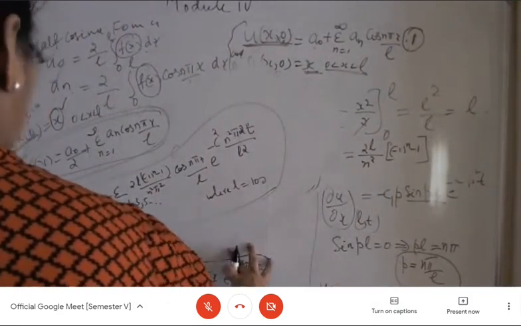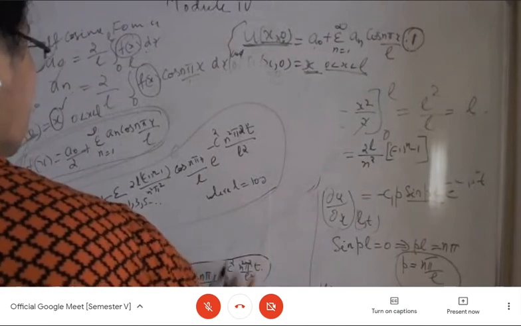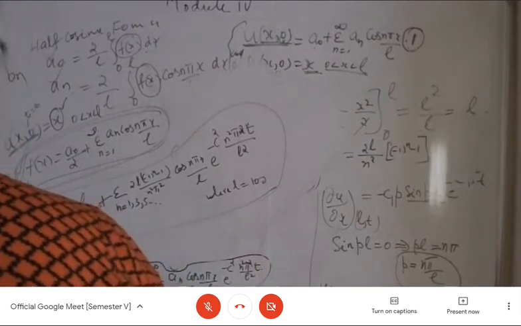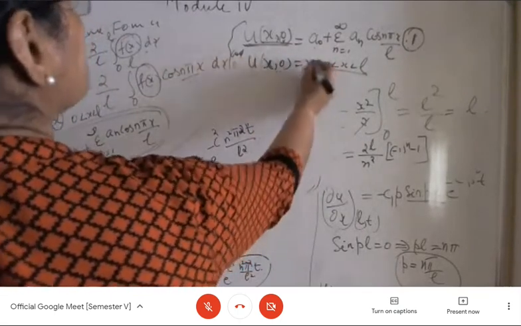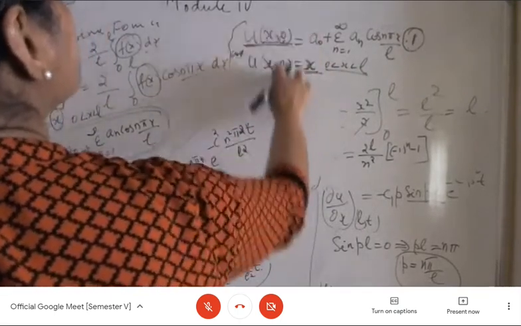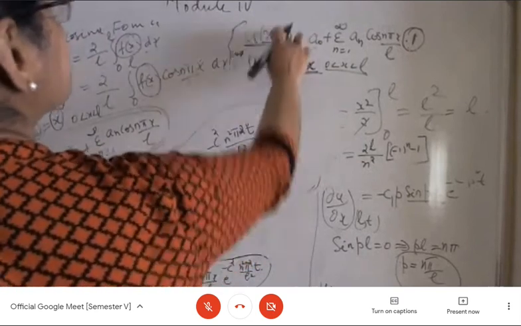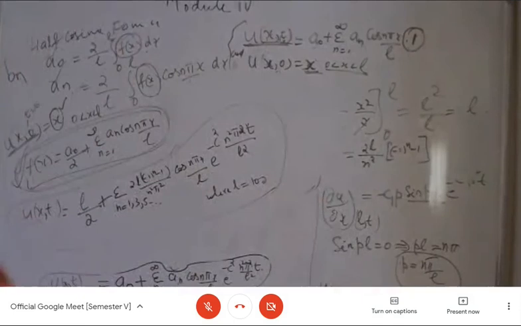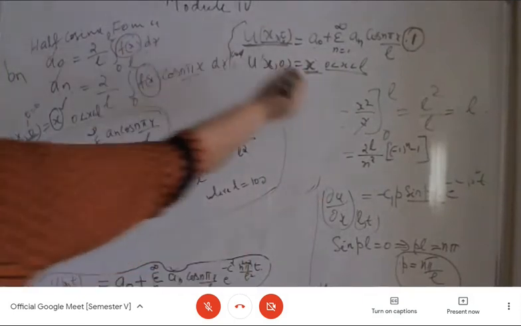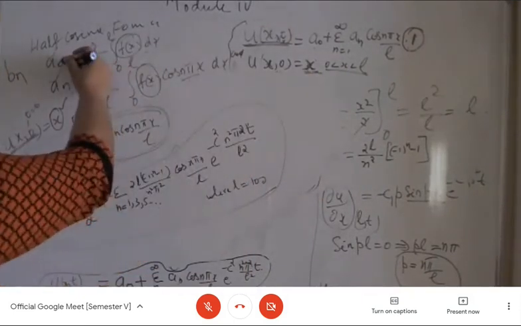This will vanish as this becomes 1. And after that, you can use this u(x,0). That is important. In order to do this, you have to match it. Then only you can use this as f of x. So after that, you can use that as f of x for finding A0 and An.